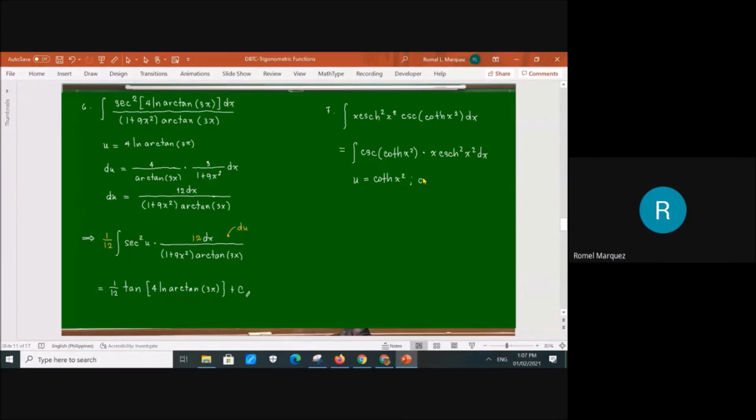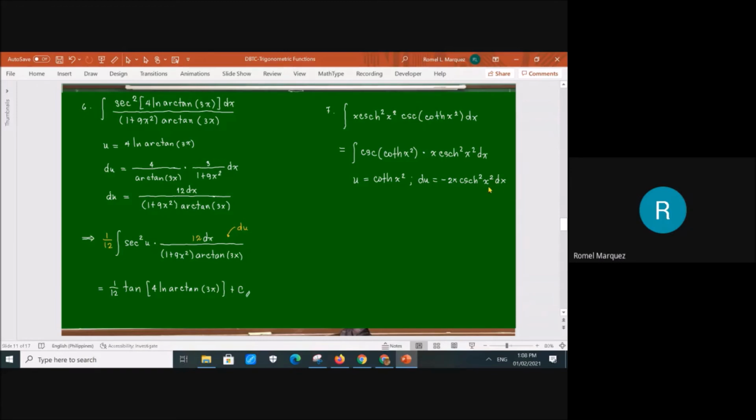What's the du, guys? Du is negative, the derivative of x squared is 2x. The derivative of hyperbolic cotangent is negative hyperbolic cosecant squared x squared dx. So negative 2x hyperbolic cosecant squared x squared dx.